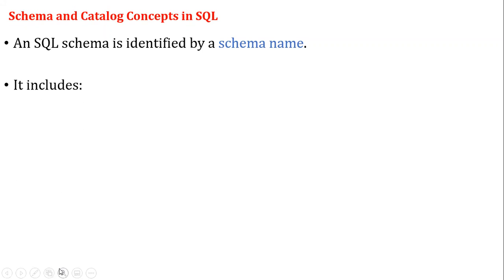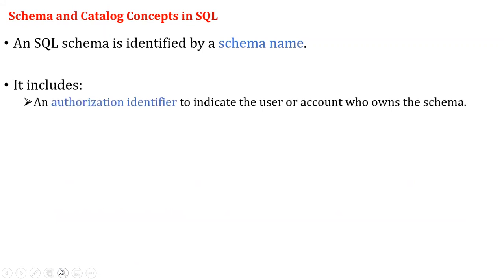Whenever we create the schema, we can specify who is the owner of the schema. That is the user or account owner for that particular schema, which can be specified with the create schema command. That is referred to as the authorization identifier.